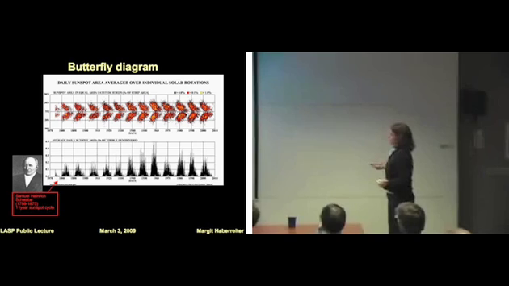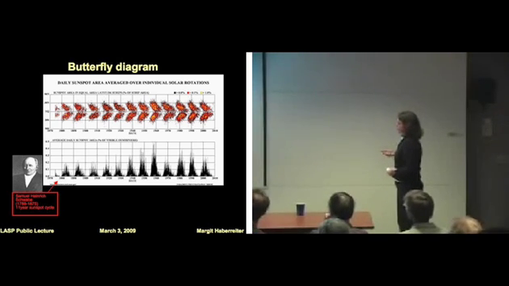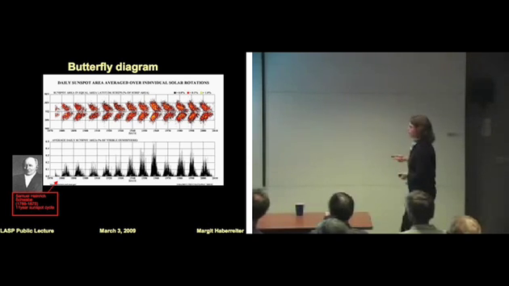Now, another manifestation of the solar cycle behavior are these so-called butterfly diagrams. What they show is the position where a sunspot has been observed as a function of time. And you can see there is a clear pattern that is very repetitive.